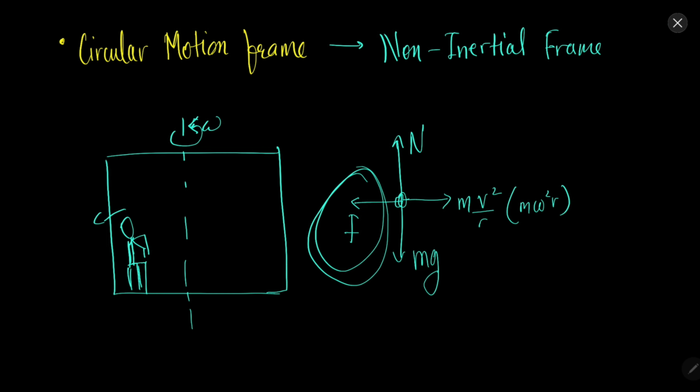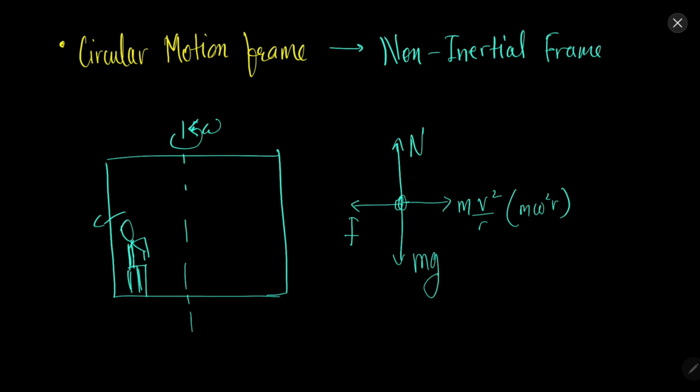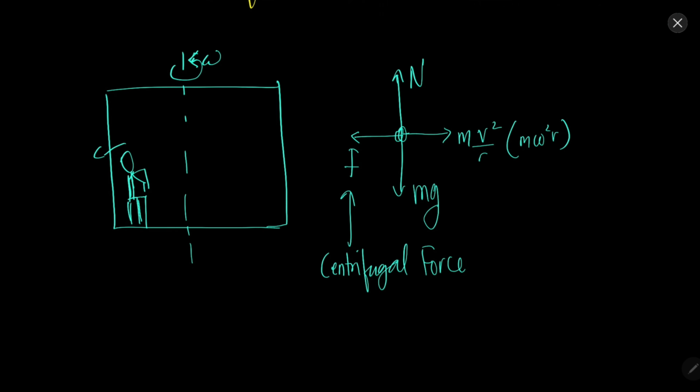So what is happening is that when you are moving in a circular motion, you tend to go towards the wall because of this force. This is the pseudo force, not an actual force, but because of the non-inertial frame, because you are accelerating, you feel this force, and this force is called the centrifugal force. Centrifugal means away from the center force.